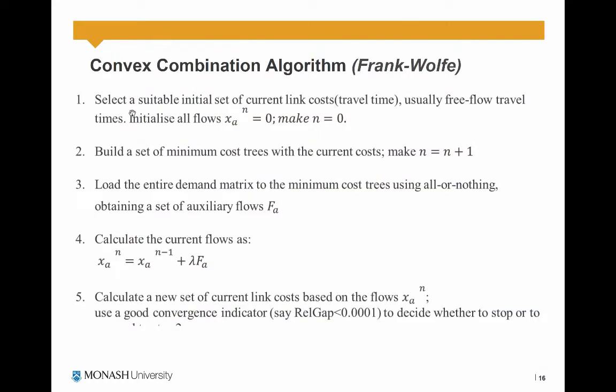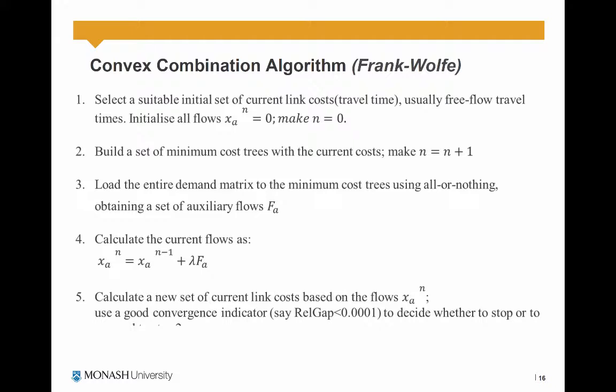But how does this Frank-Wolfe algorithm, or in other words, convex combination algorithm, work? There are 5 general steps in this algorithm. We first go over these steps and then we have a look at an activity to learn it better. In the first step, you select a suitable initial set of current link travel times, or travel cost. Here I stick to travel time for simplicity, usually the free flow travel time.